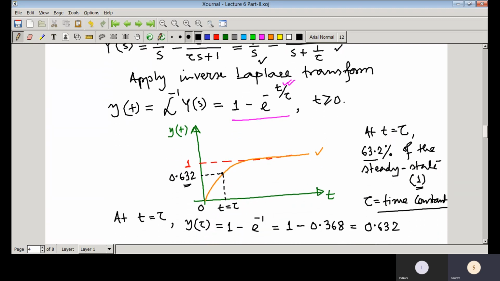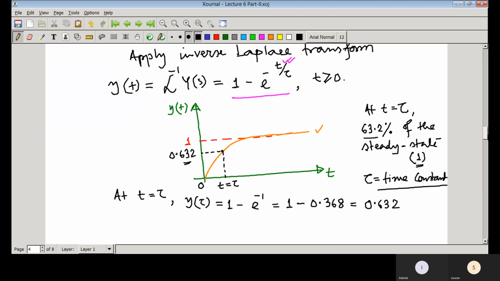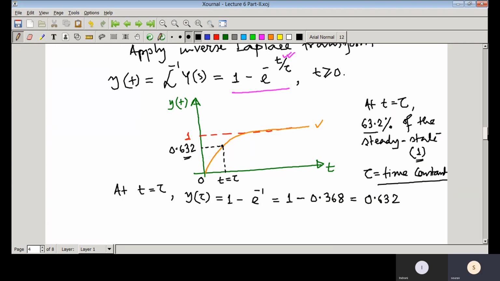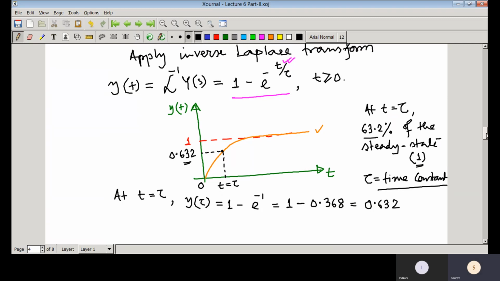And here we have found another terminology, that is the time constant. So time constant is defined like this. It is the time which is required to reach 63.2% of the steady state, and here as the steady state is 1, this tau time is required to reach 63.2%. So this tau is called the time constant.